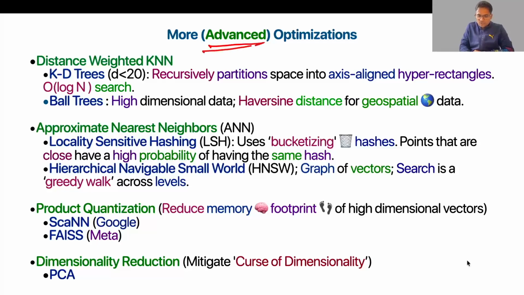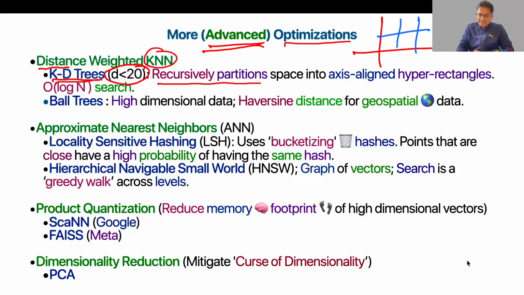So more advanced optimizations are there, like distance weighted KNN. There's also KD trees, which is one kind of tree data structure. When the number of dimensions d is less than 20, we can use this. It recursively partitions the space into axis aligned hyperrectangles. So if this is the space, it will partition the space into axis aligned hyperrectangles like this.